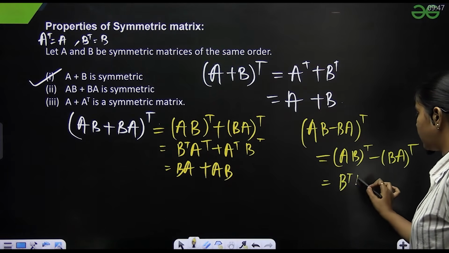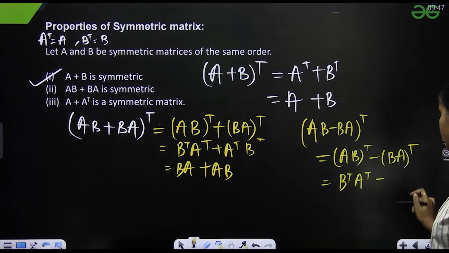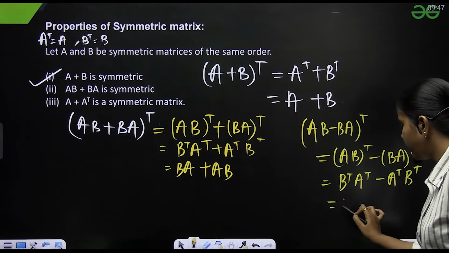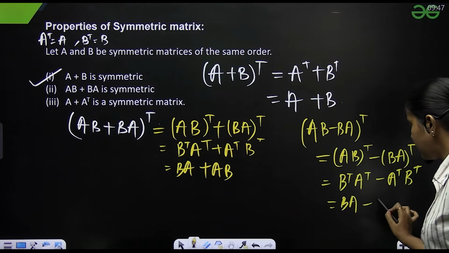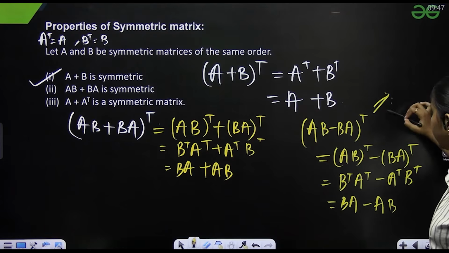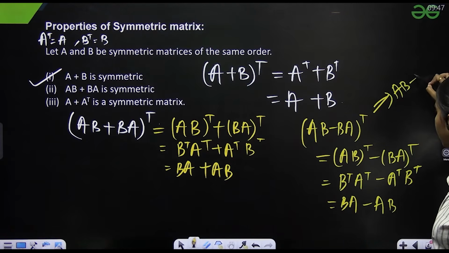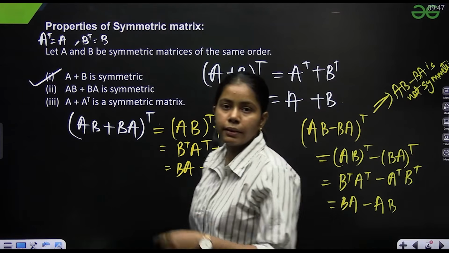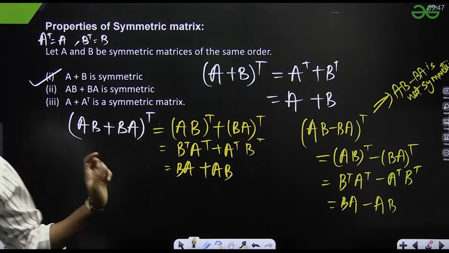B transpose A transpose minus A transpose B transpose, right? What would it become? BA minus AB. So they are not equal. So I can say that AB minus BA is not symmetric, but AB plus BA is symmetric.